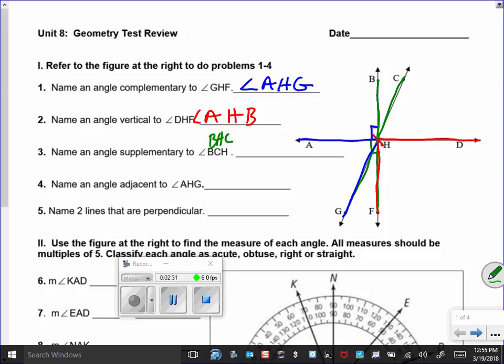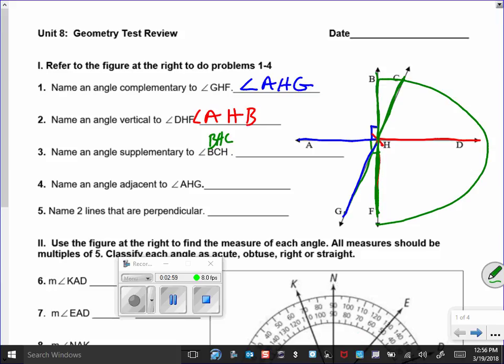And to make that supplementary, we're going to go ahead and pair that with FHC. As you can see, that makes a complete half circle. Remember, half circles, right? 180 degrees. And that creates a straight line through here, BHF. That helps us to create the supplementary angle, which equals 180 degrees.